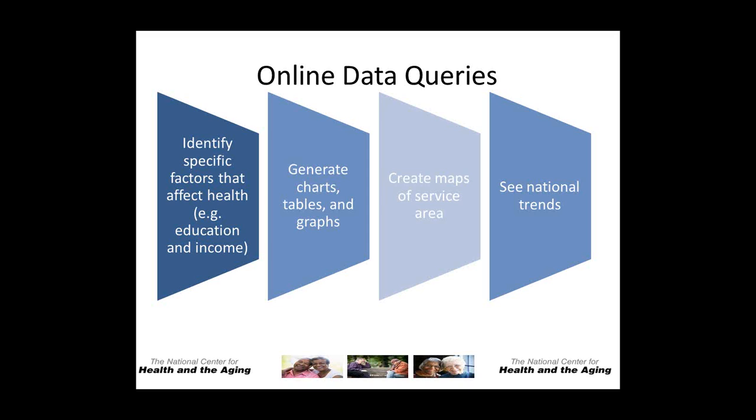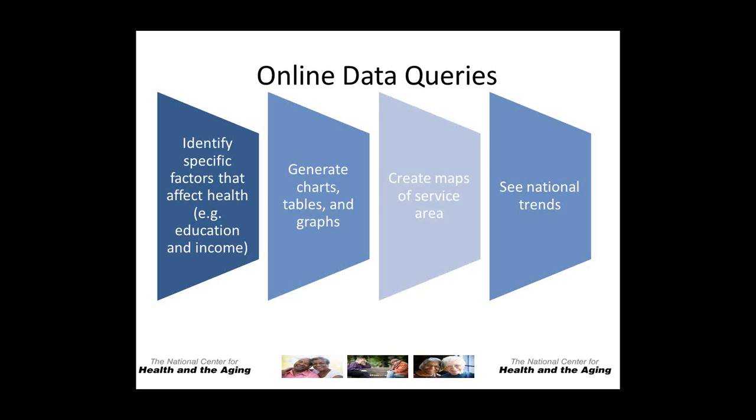This is great because these online systems don't just give you a number, but they also often help you generate charts, graphs, and maps of service areas. They help you to see national trends and identify perhaps social determinants of health that are affecting your population.